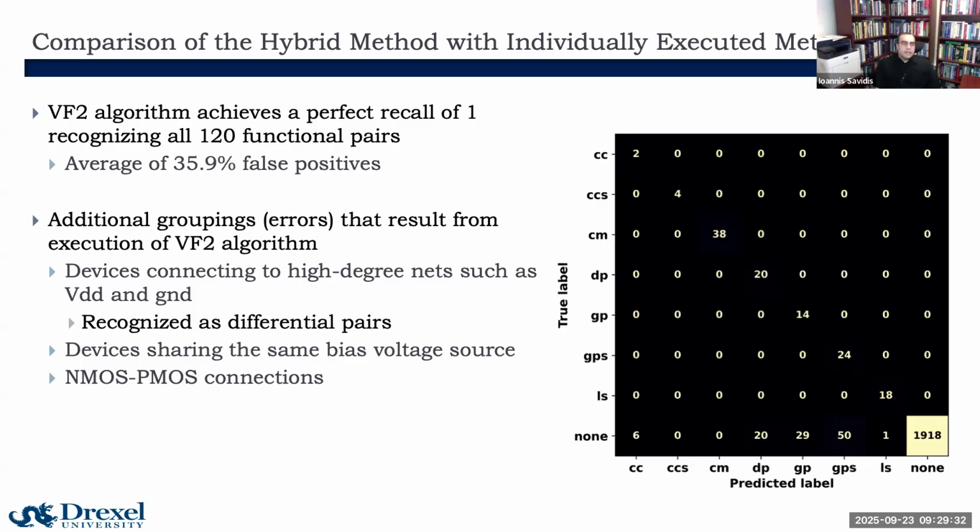And looking at this, some of the causes of the error that we saw with VF2, again, this is a heuristic approach, was because devices were connected to a high degree net, for example VDD and ground, or devices were sharing the same bias voltage source, or there was an NMOS PMOS connection, and that caused the VF2 false positive rate to increase.